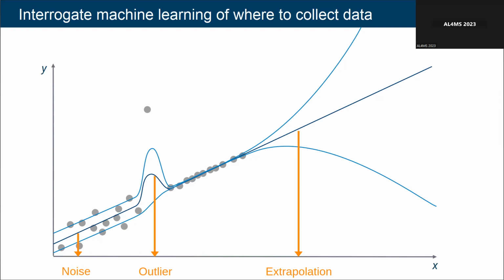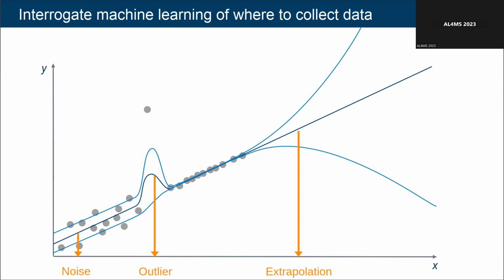Perhaps we should do an experiment here, where we're in the region where there's the outlier, because perhaps it will allow us to confirm that it is an outlier, or maybe we'll get lots of experimental results right up here and the material's undergone a phase transition, and this is a really important result.